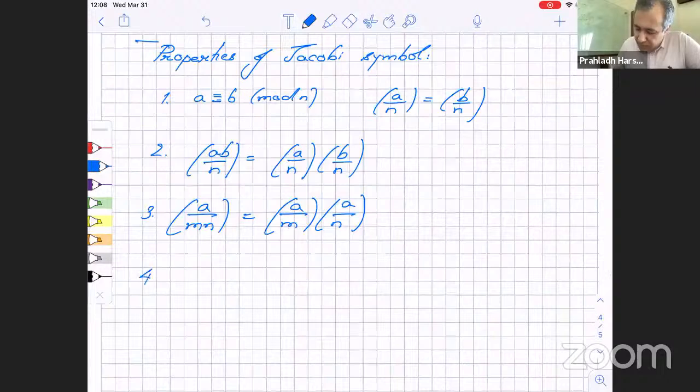Then the most interesting of them is the quadratic reciprocity.